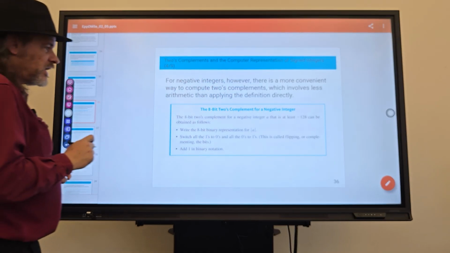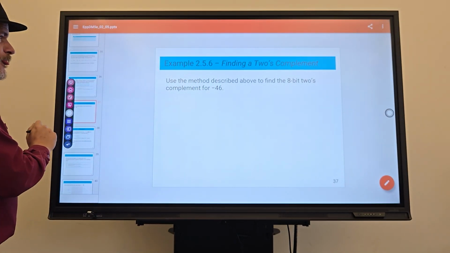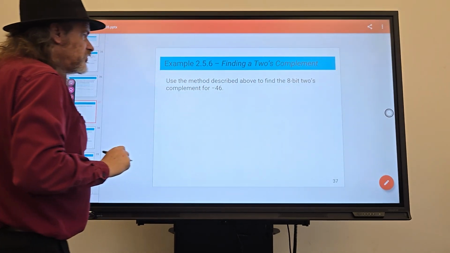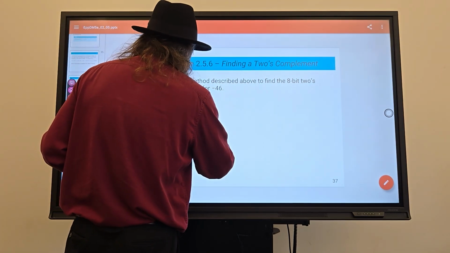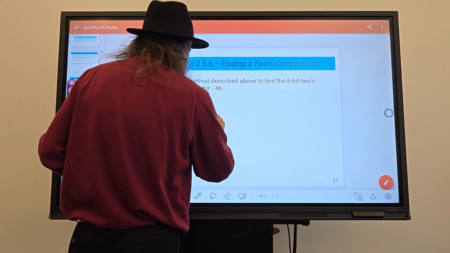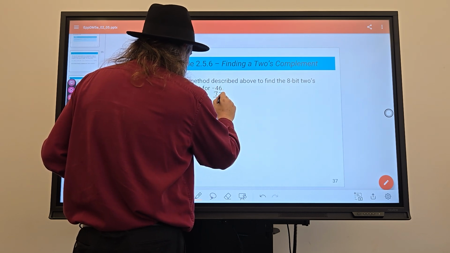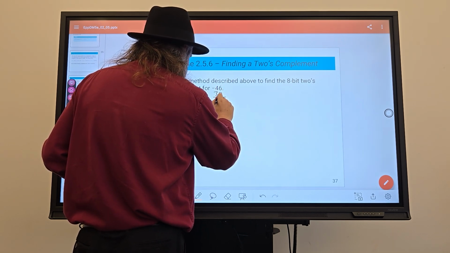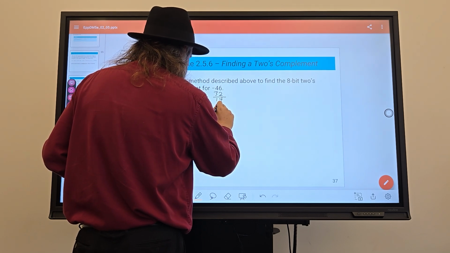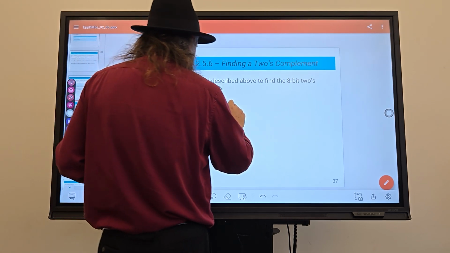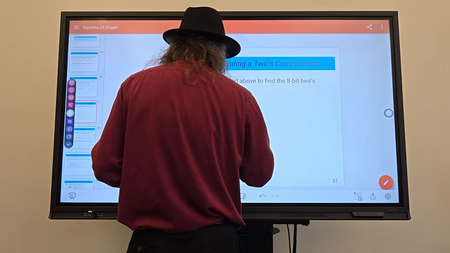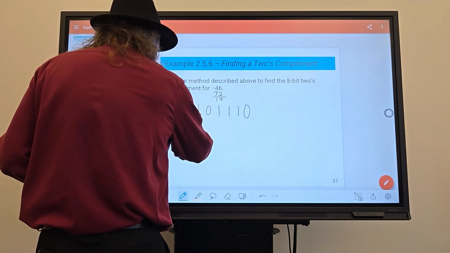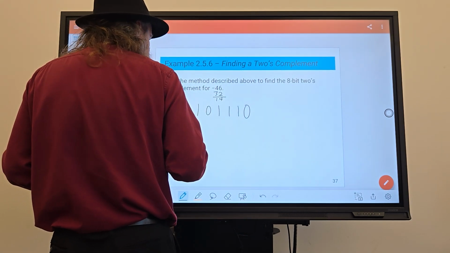So let's see, okay, 8-bit 2's complement for negative 46. Take the absolute value, represent that in binary. So that's a 1 in the 32's place. 32, that's 14, so 0 in the 16's place, 1 in the 8's place, 1 in the 4's place, 1 in the 2's place, and 0 in the one's place.